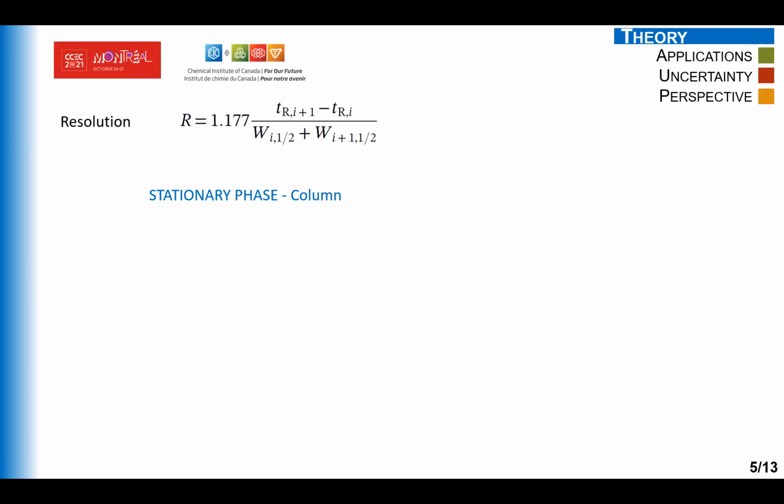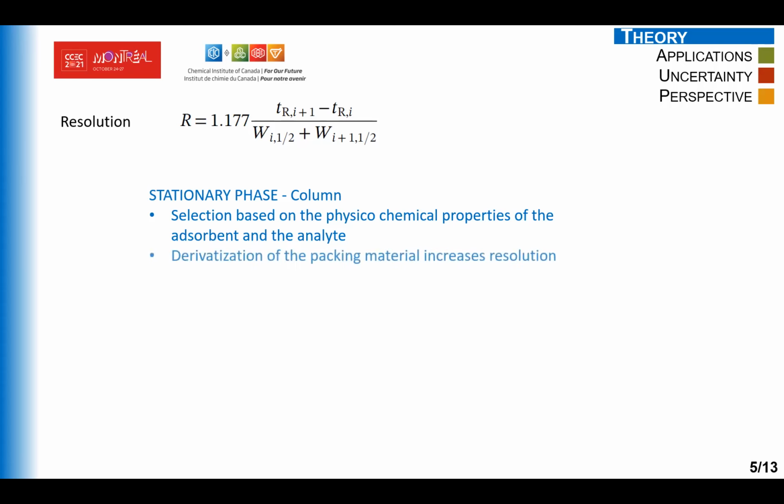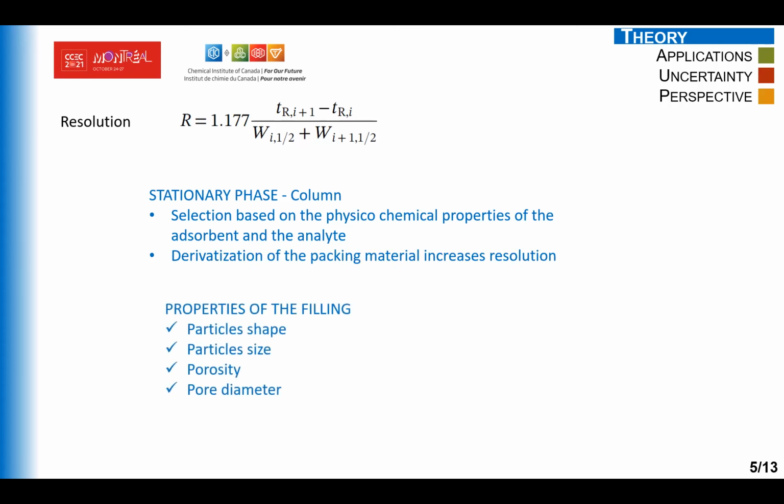And columns are selected based on their physical chemical properties and their compatibility with the analyte. Ideally, the stationary phase composition is similar to the molecules in question. The properties of the stationary phase that you need to select accurately are particle shape and size, and porosity and pore diameter.